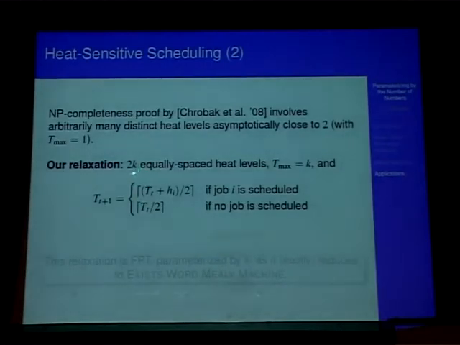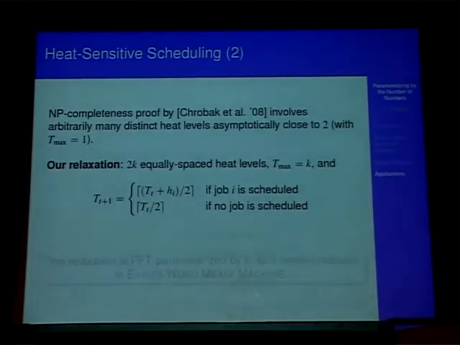So we say that there are only 2K equally spaced heat levels. So they cannot be arbitrarily close to each other, but distinct. And with this representation, it's not so bad to look at this relaxation, where the heat level at each time is an integer.